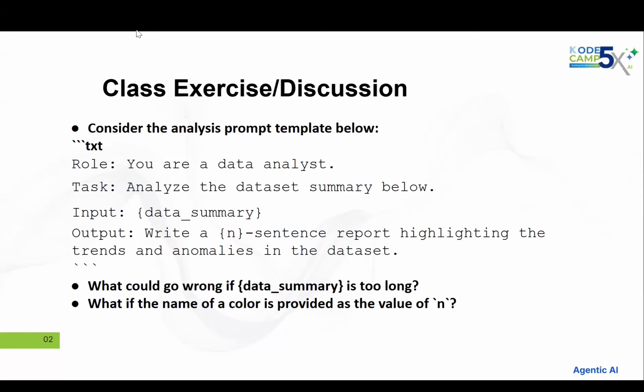But depending on the model, from what we're looking at in your own result and Adobe's, some models are smart enough to go ahead and provide a report. Some are careful. They just tell you, hey, this is not a number, I don't know how many sentences you want.